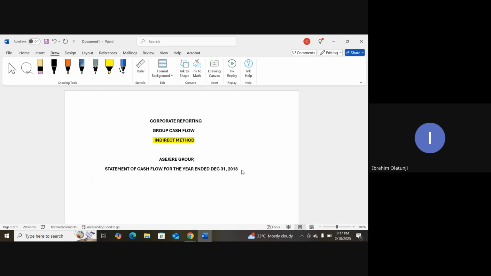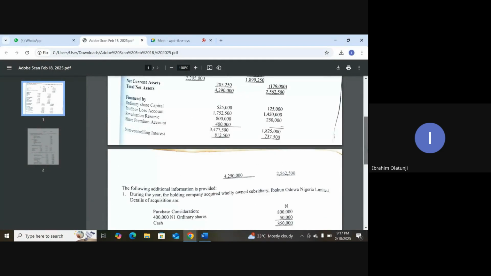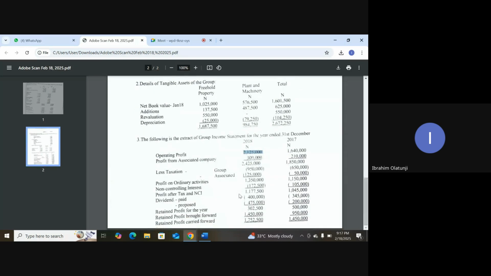Then you just start with operating activities. That's the heading. Operating activities. Then you start with profit before tax. You can write it in full, or you call it operating profit or profit before tax.